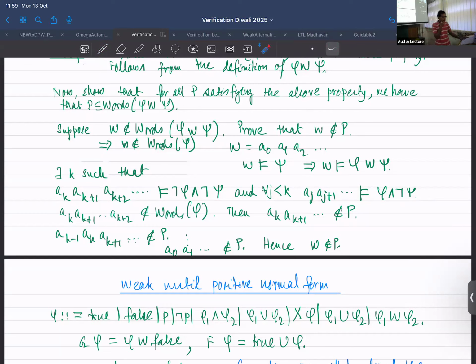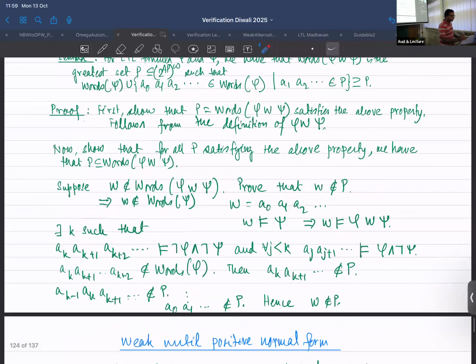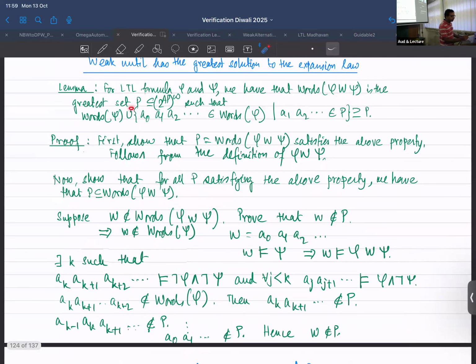Taking again the contrapositive, if W belongs to P, then W belongs to words of phi weak until psi. Hence, all such sets P which satisfy this property are a subset of phi weak until psi, and it is the greatest subset.